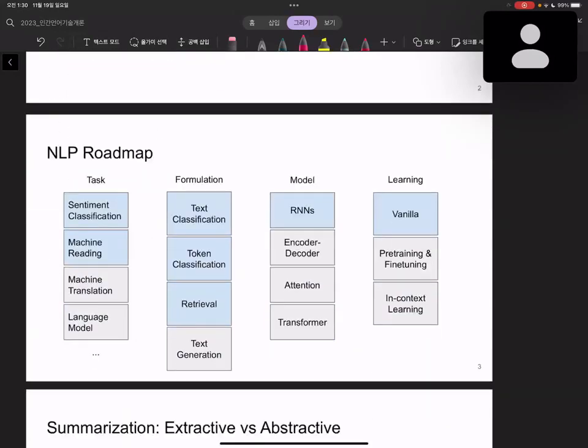So we have finished text classification, where the input is the text and the output is a category. And token classification, where the input is each token, and we classify each token into categories. And retrieval is to find the relevant document given a query text.